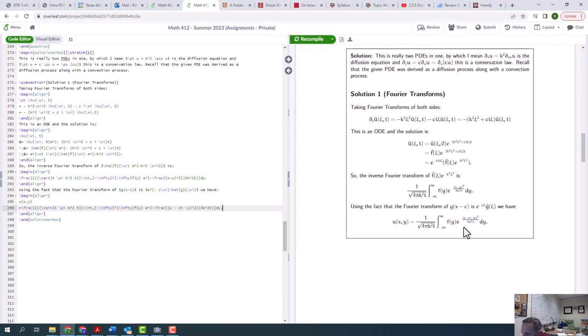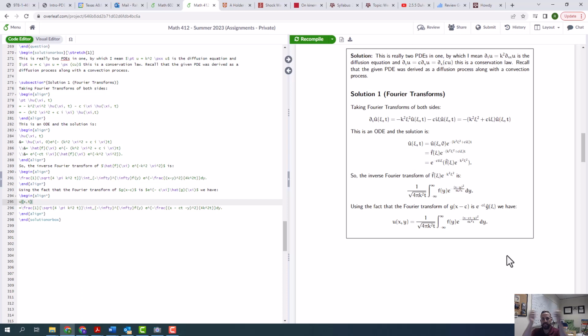Yeah, so this is what we have here. And so notice what's happening. The solution is just this solution, but translated to the right ct units. And so this makes sense. Well, it's not supposed to be y, that's supposed to be a t. This makes sense because what is this modeling? It's modeling the diffusion equation that's being moved along at c meters per second.